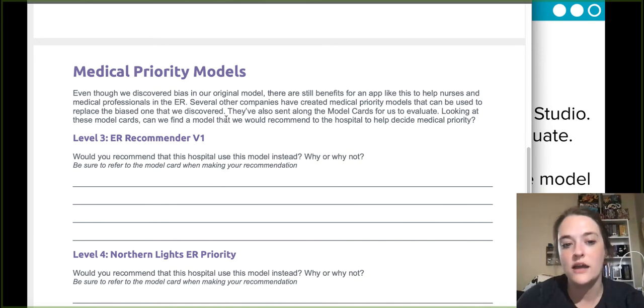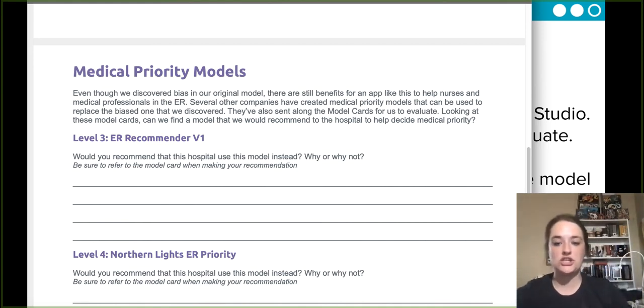Why or why not? Be sure to refer to the model when making your recommendation. So if I were going to recommend the current model that we looked at earlier, I would say I would not recommend this model card because it deprioritized a person based on their race.